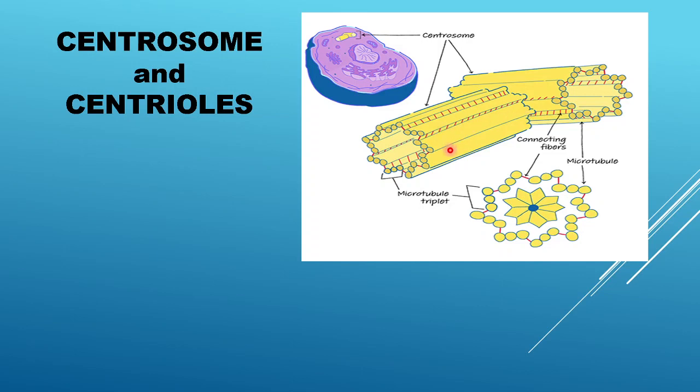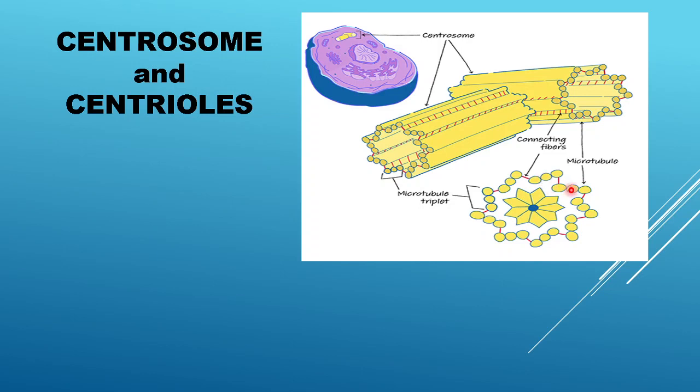Each of these is again made up of microtubules like the cilia and flagella. The only difference is that they are made up of triplets. In the earlier case we saw they were made up of doublets, but in this case they are made up of triplets.